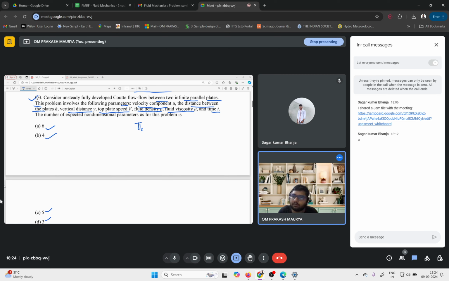If you count how many variables: velocity component 1, distance between the plates h is 2, vertical distance y is 3, top plate speed 4, fluid density 5, fluid viscosity 6, and time is 7. So here you have 7 variables. They may be dependent or independent. A little bit of hint I have given you. Now you can try.